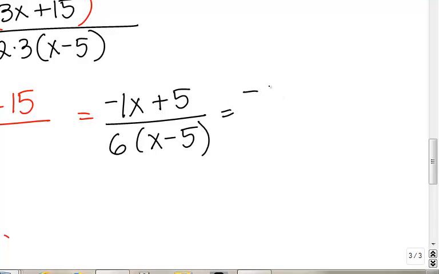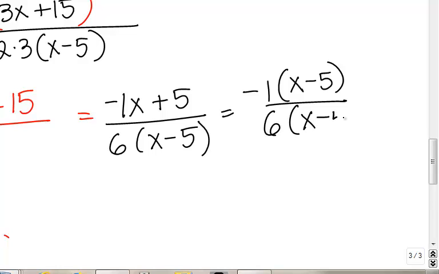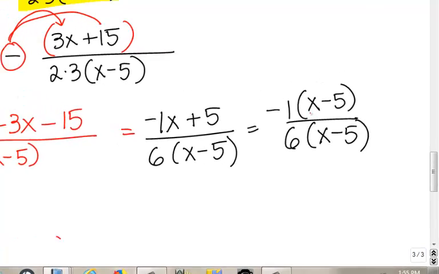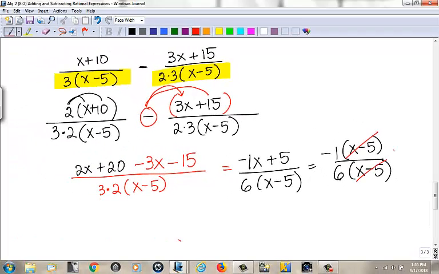I took it out on top. So negative 1 would make that x minus 5. It just changes both signs on top. 6 times x minus 5. Now what's going to reduce? The x minus 5. You have to check to see if both quantities look alike except for the signs. The little trick is you got to factor out a negative 1.